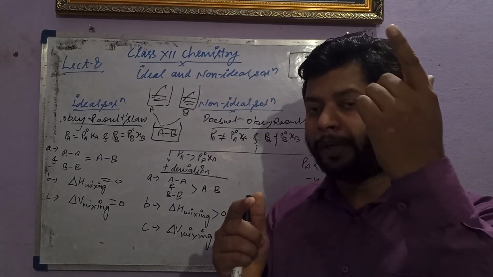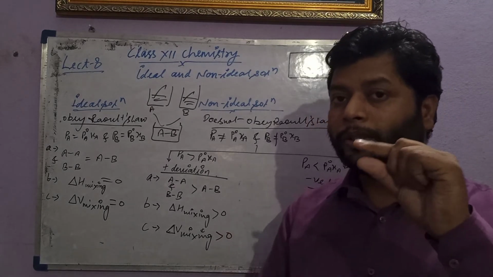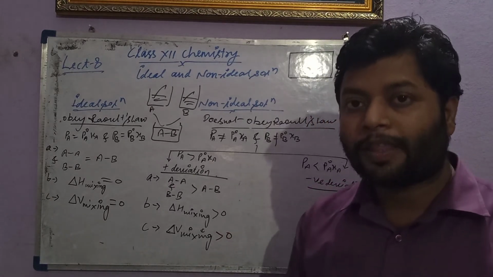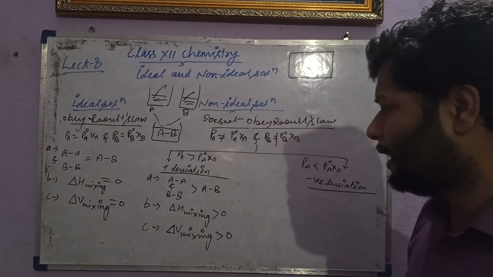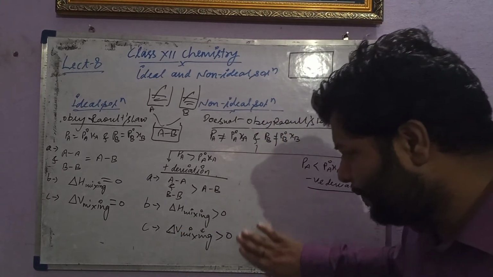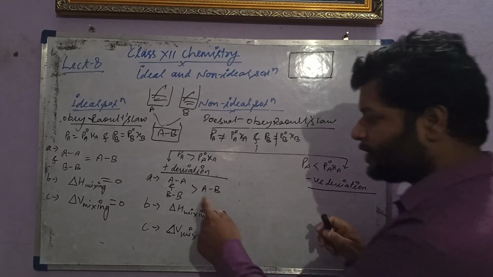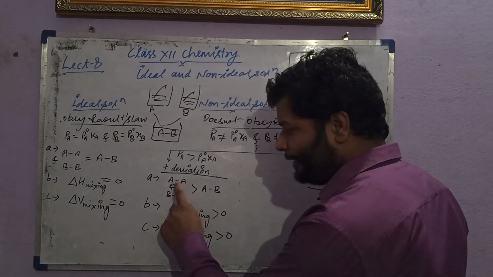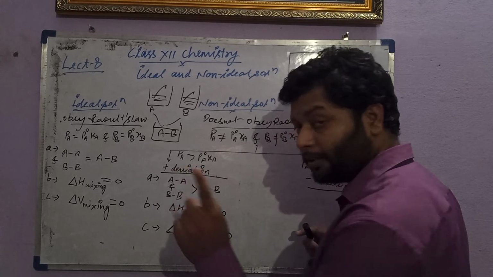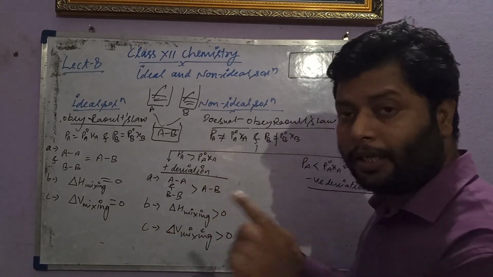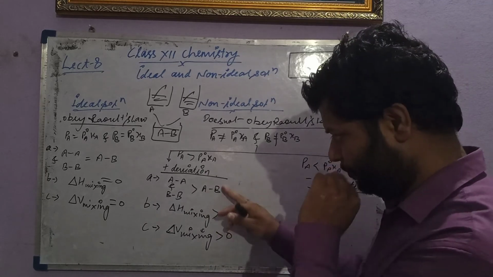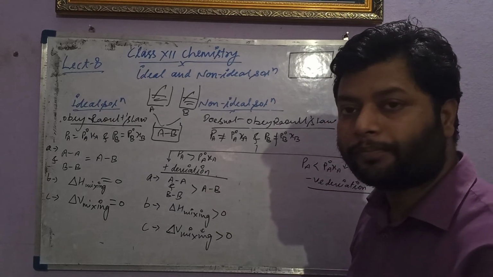The net evaporation will decrease, which will decrease the vapor pressure. So students, the negative deviation is the result of a greater force of attraction among the different components than the individual force of attraction of the components. That is the important concept only.